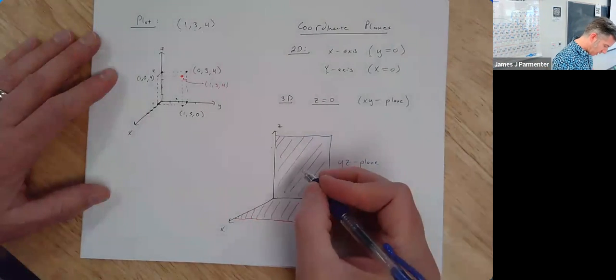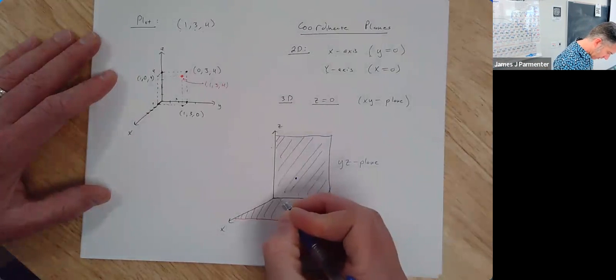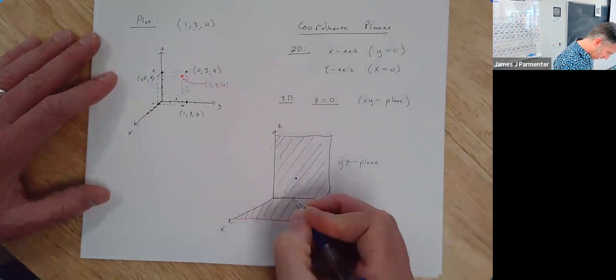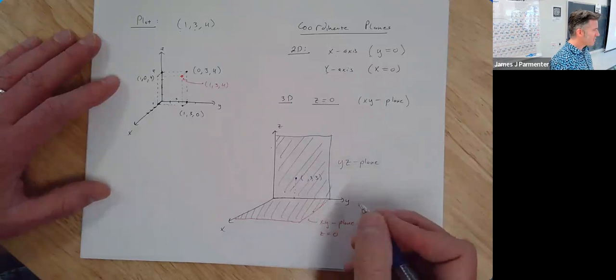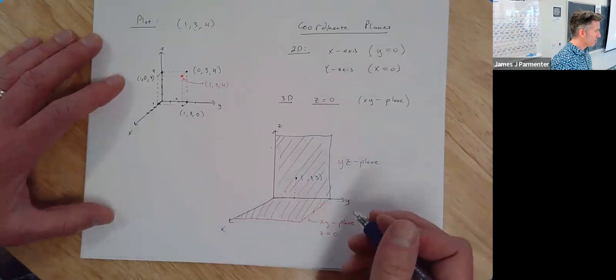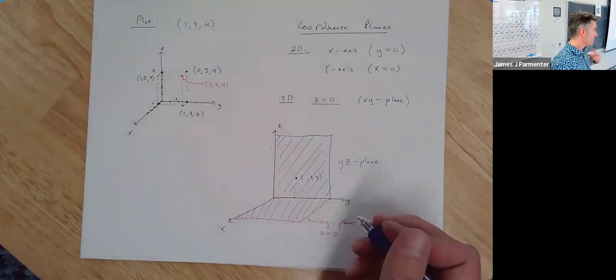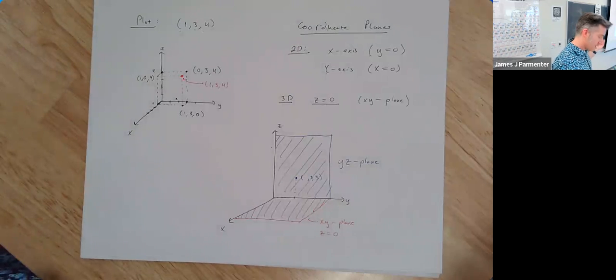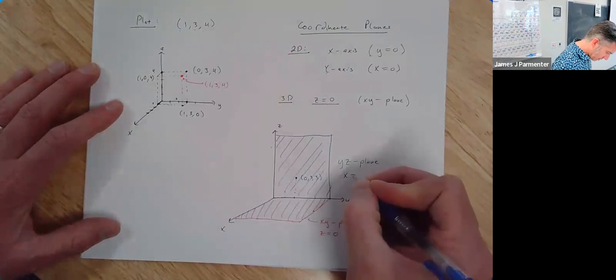So if I'm right here, and I've gone over maybe 3 and up maybe 3 as well, here's some point where the y coordinate is 3 and the z coordinate is 3. What's the x coordinate? Did I move forward or backwards at all? It's definitely 0. In the yz plane, x has to be 0.